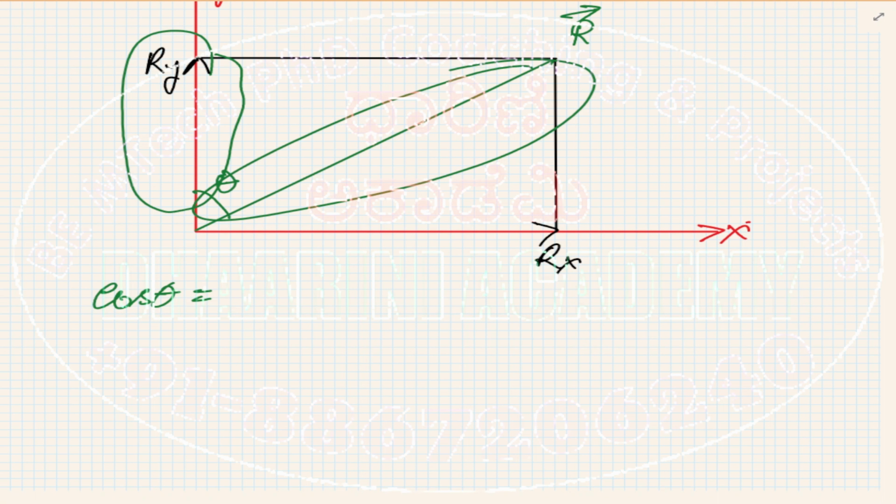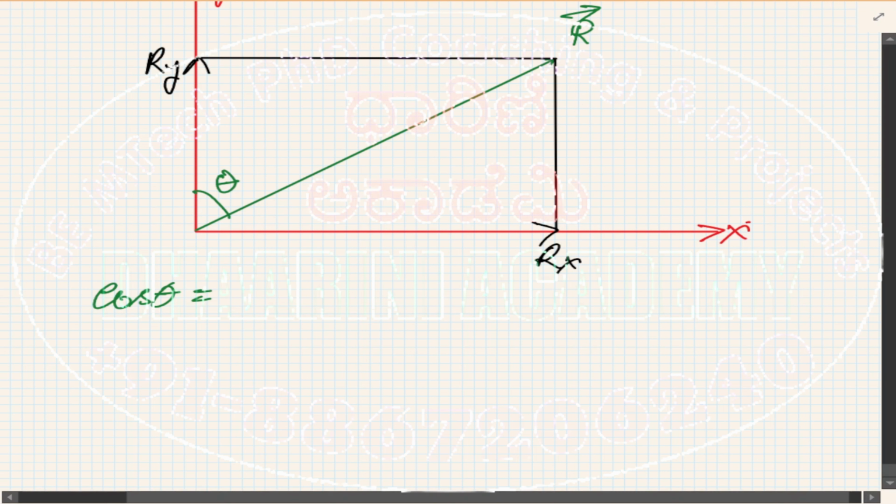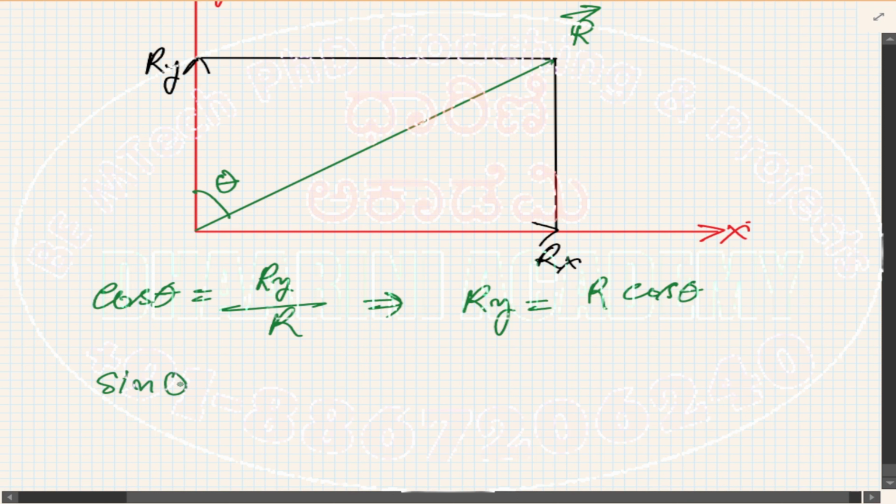Adjacent is ry now, so this is ry by r. So the equation changes: ry becomes r cos theta. And if you look at the sine theta formula, this is rx by r. So rx can be calculated as r sine theta.